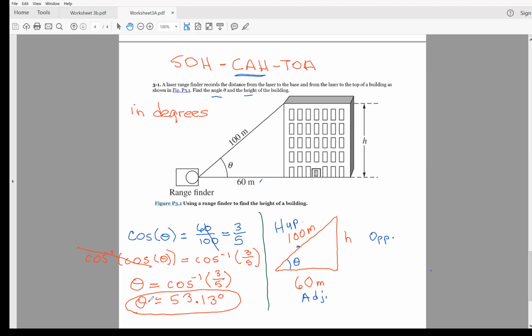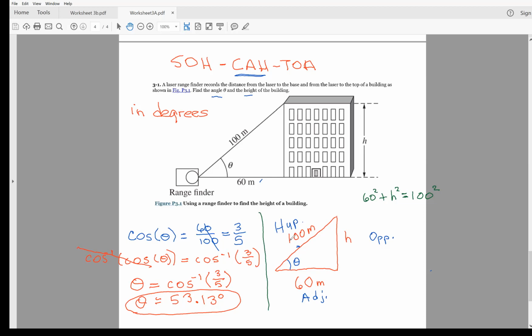Again, there's two ways to find the height. One way to find the height is to use Pythagorean theorem. You could say 60 squared plus h squared is equal to 100 squared. And you can solve it that way. But since we're working on trigonometry, let's solve it a different way, because h is opposite.